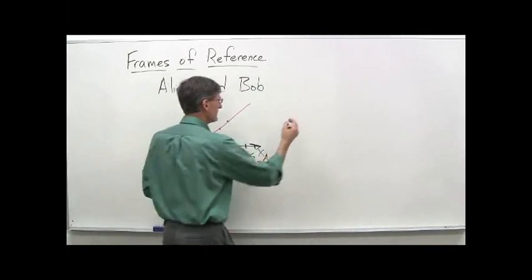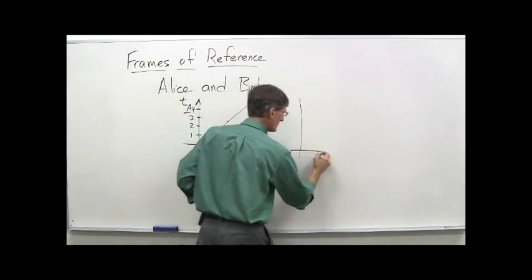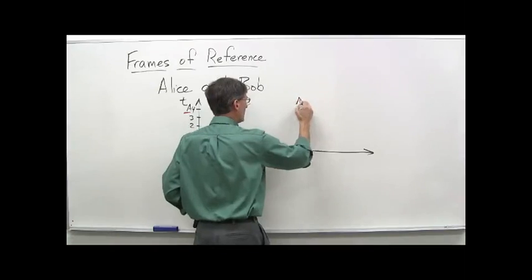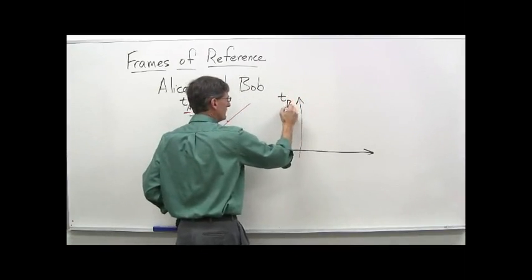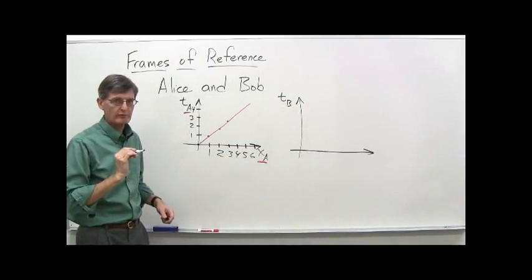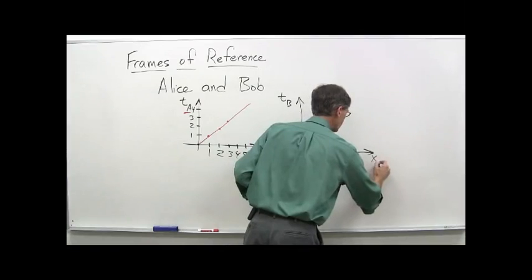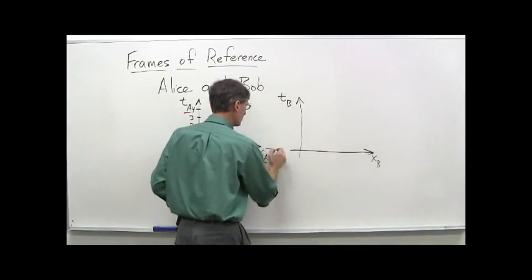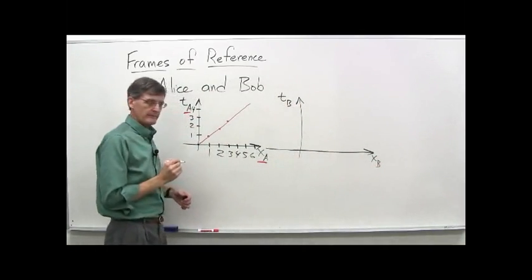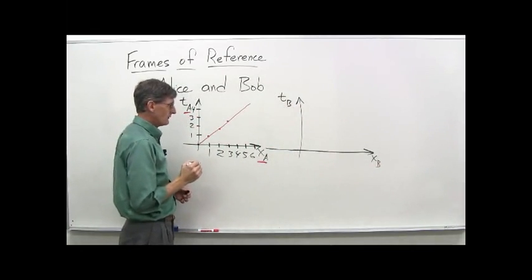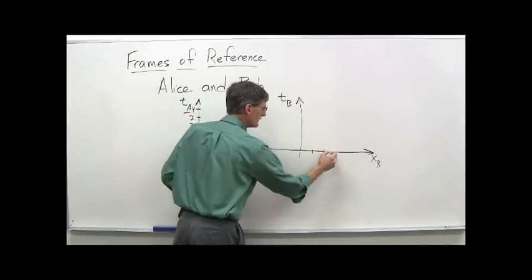Well, let's draw another one over here. And we'll label this T sub B, because this is Bob's perspective, Bob's frame of reference. And this is X sub B. And actually, in this case, we needed some negative values here, but we'll put these in.